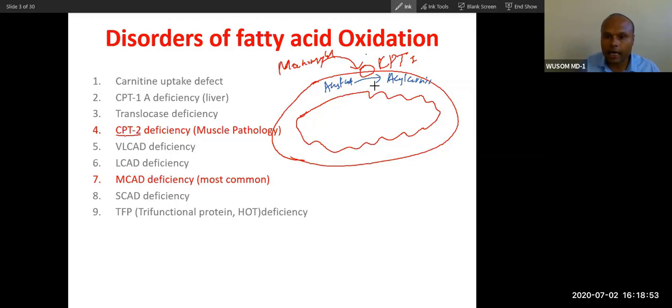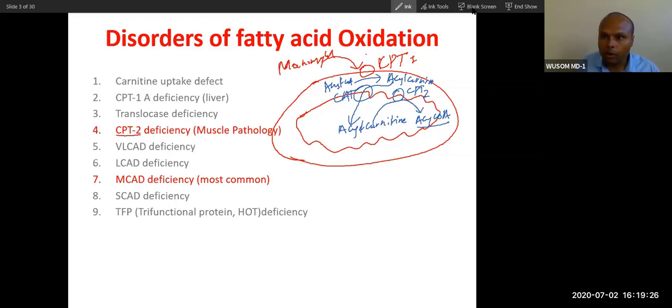Now this acyl carnitine will enter into the mitochondria through the protein CAT. Then this acyl carnitine will have to be converted again into acyl coenzyme A, and this is done by CPT-2. This acyl carnitine will convert into acyl coenzyme A by which enzyme?